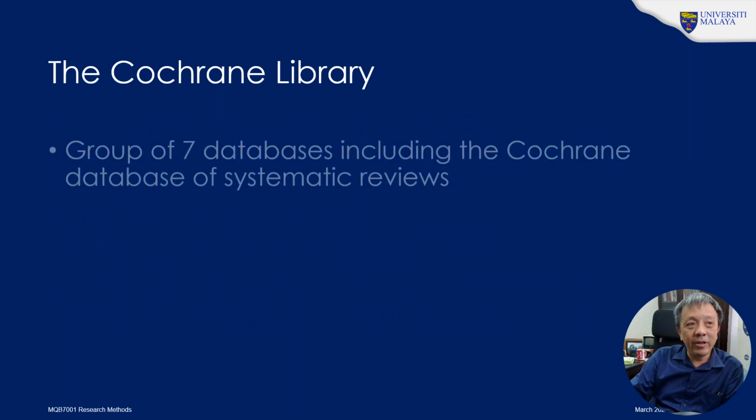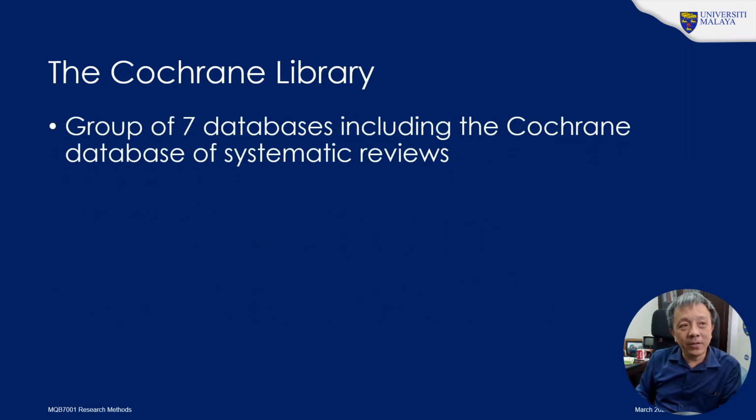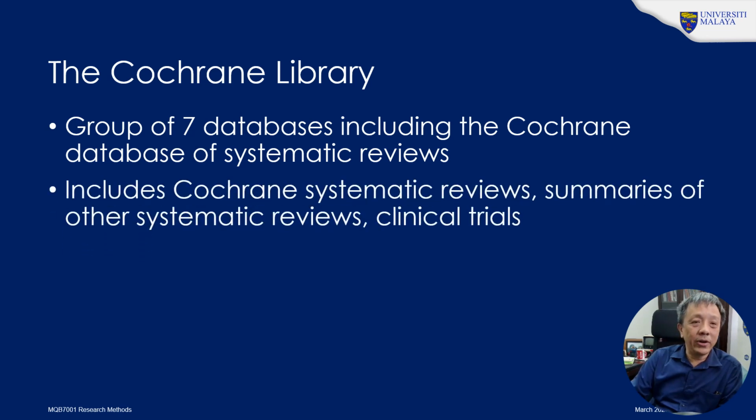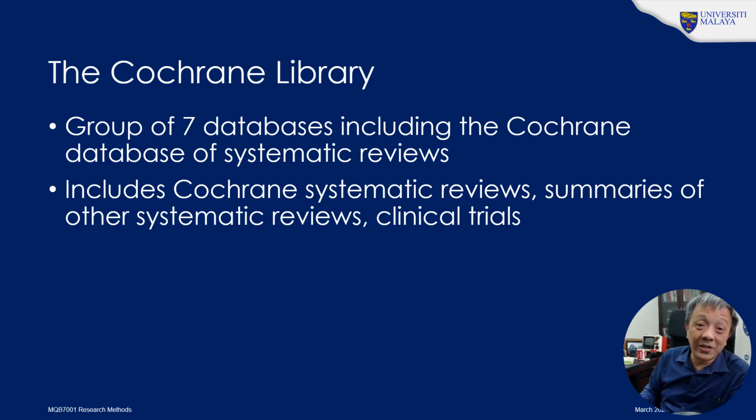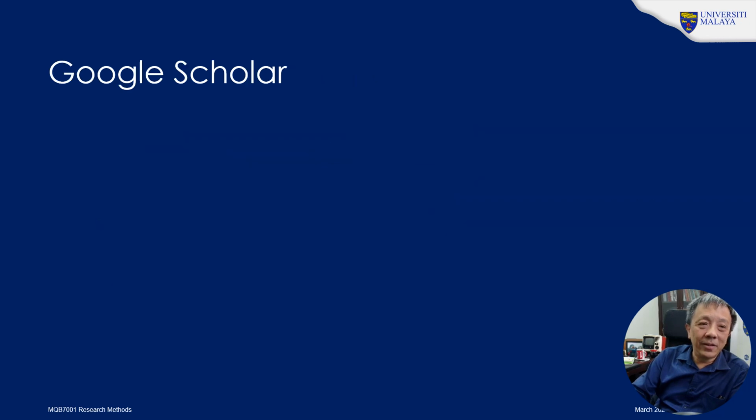The Cochrane Library includes seven databases, including the database of systematic reviews. The Cochrane Library actually focuses on intervention studies. It looks at what are the best interventions for a certain condition. It summarizes systematic reviews and clinical trials.